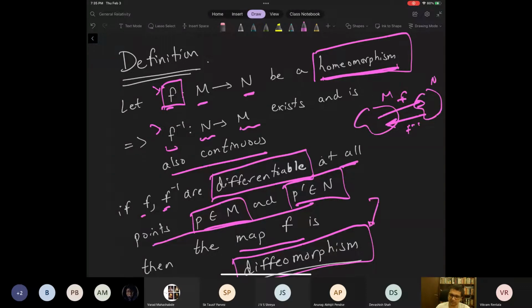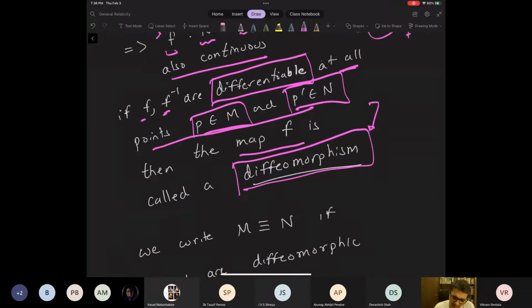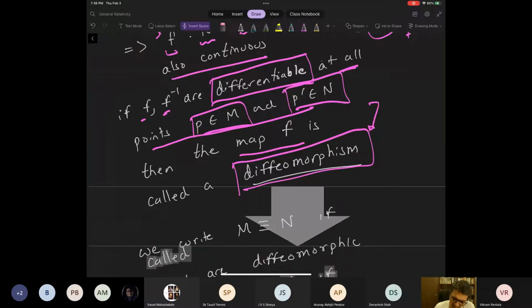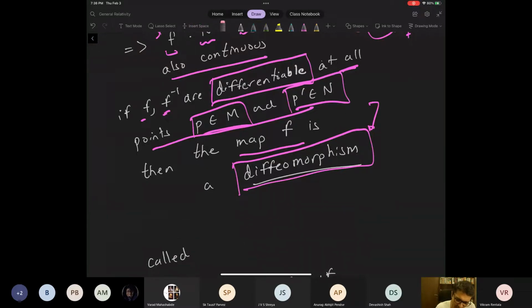Which means that you can think of the transformation from M to N as not only being continuous, but having a notion of smoothness. So one way to distinguish between a diffeomorphism and a homeomorphism is to imagine that bending that we were talking about.